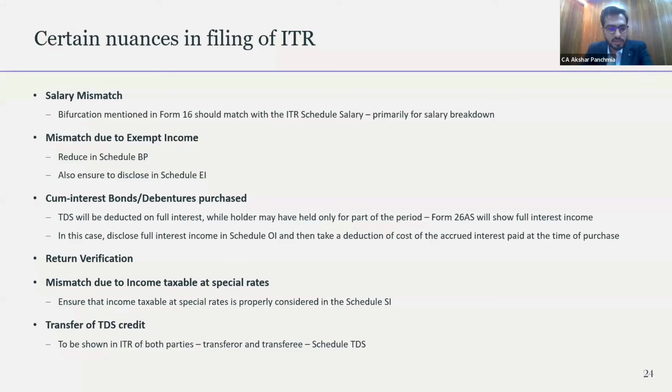Now, where certain TDS credit is earned in the account of somebody else and the income is mine, then in that case, such TDS credit, since the last few years, can be transferred from the return itself.